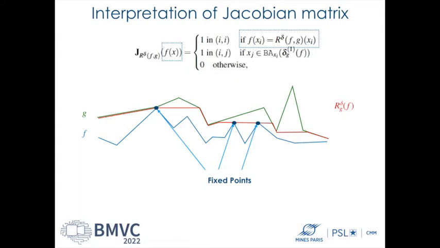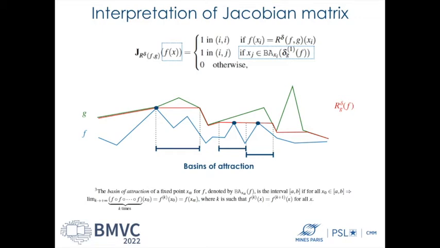That is the point where the reconstruction is equal to the value of the marker F, which is represented here by the three blue points. Additionally, it has off-diagonal values equal to 1 in (i,j) if x_j belongs to the basin of attraction of x_i. That is represented with the small lines in blue.